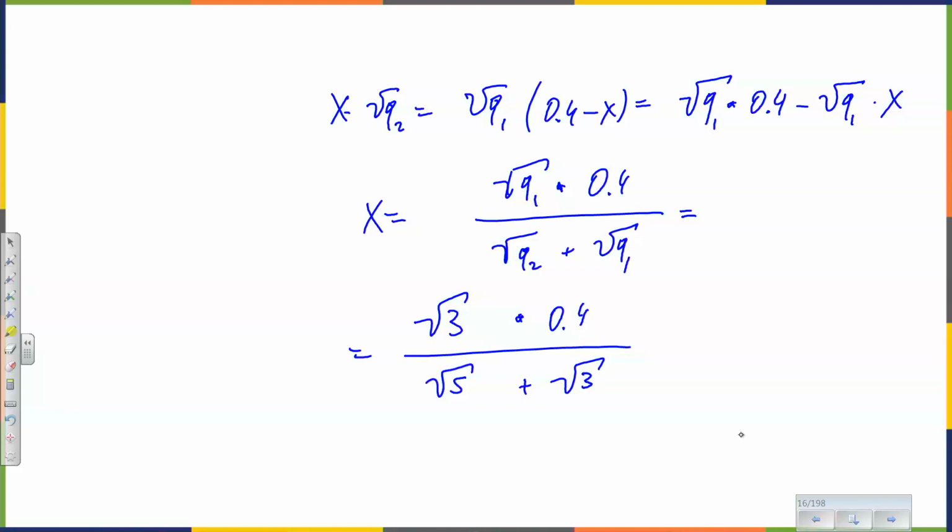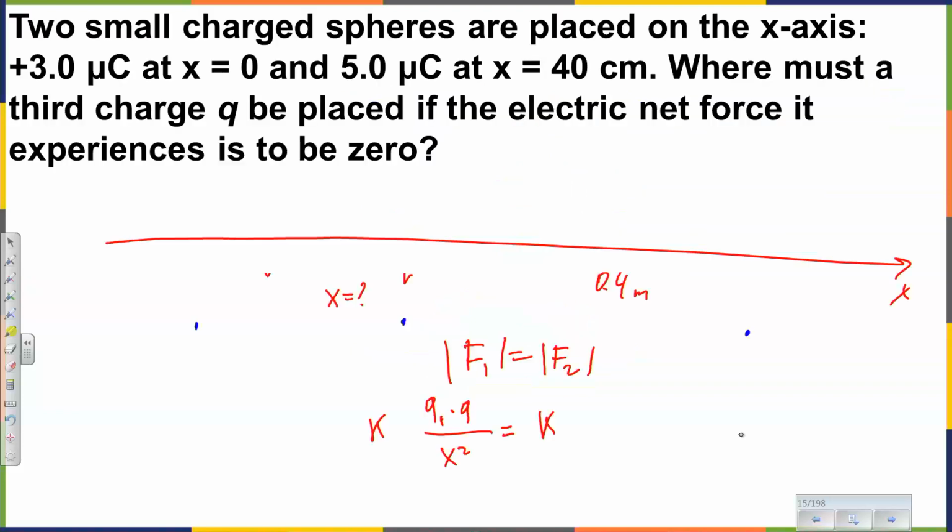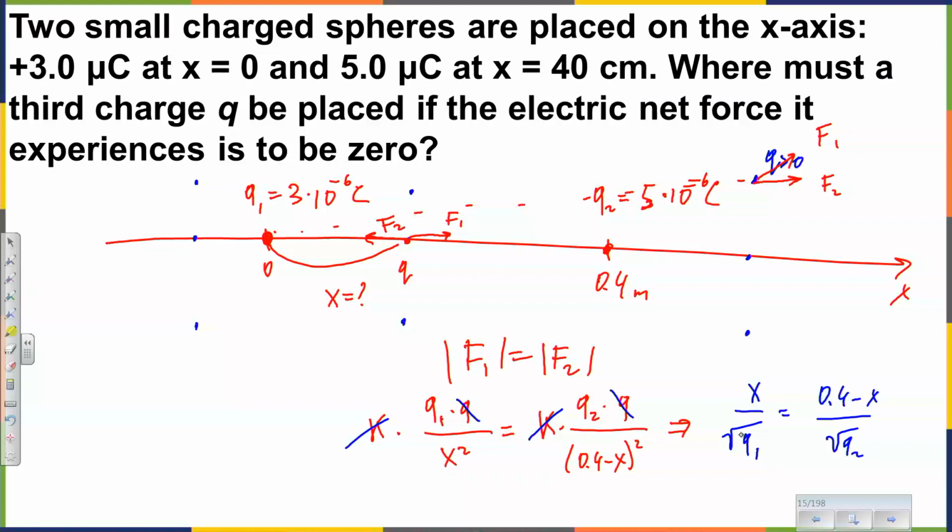Why the Q can be, for example, this one? Well, because in this situation, it would have been repelled by both charges. They're all positive here in this problem.